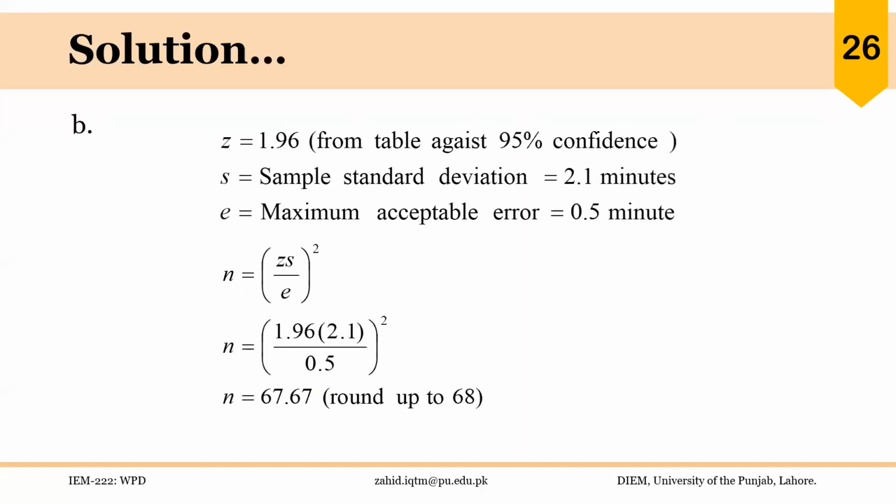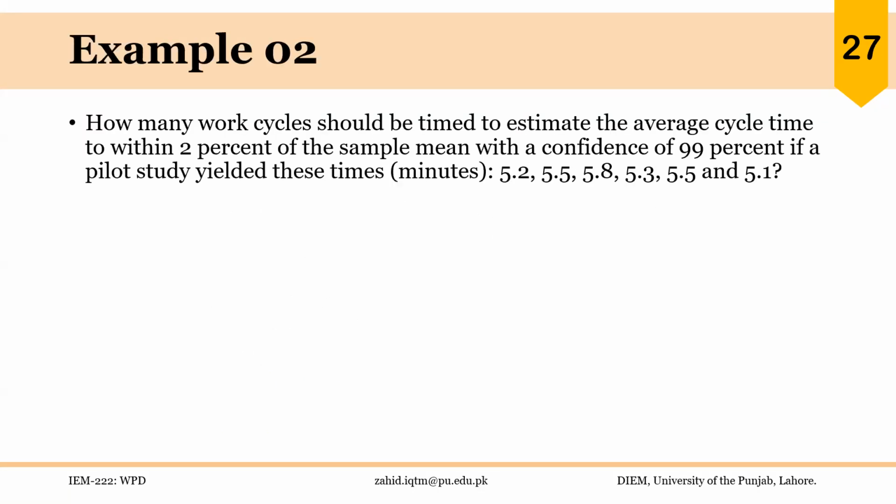And using the second formula, the numerator is the same, 1.96 into 2.1, divided by the error in terms of time, which is 0.5. So using this formula, the N required is 68. This question number 2 is for practice, so you could solve it.